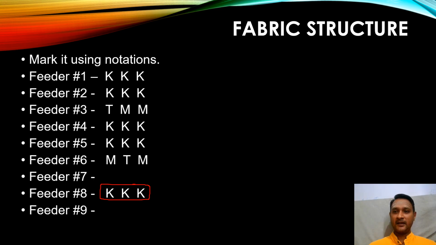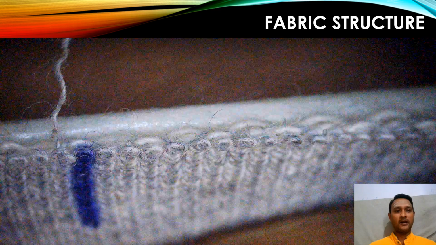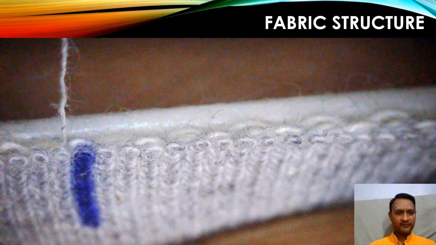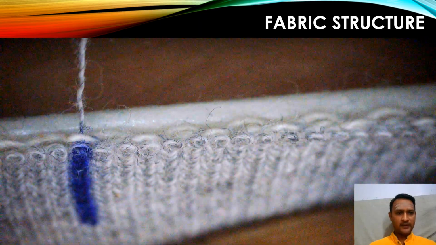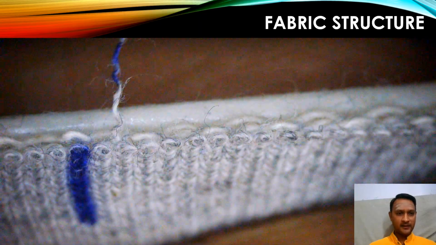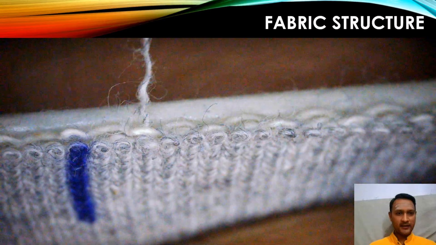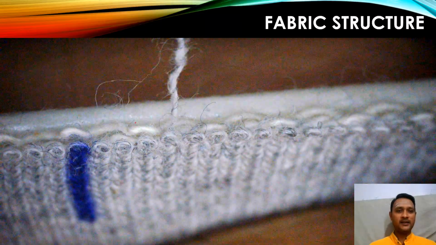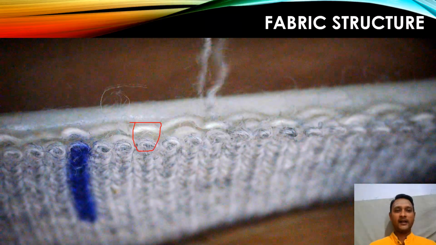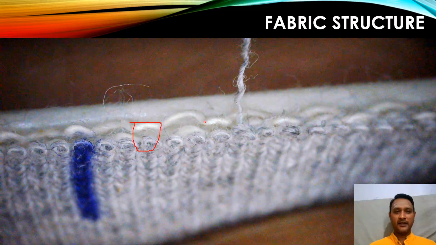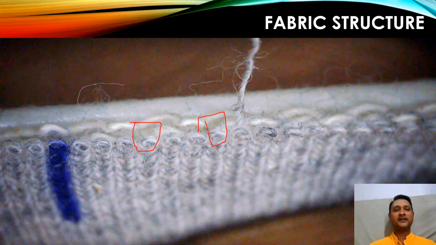Now the final course, for the third course, all knit and the looper is going to get unraveled. After that vertical line, the first needle, the looper is miss, second needle miss, and third needle we have a tuck, and again fourth and fifth miss, and again sixth we got the tuck loop.